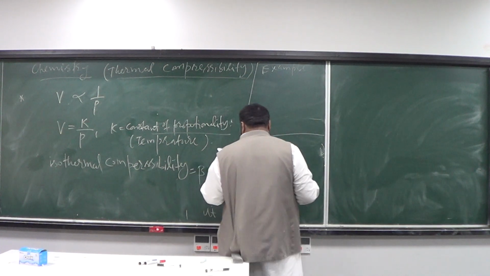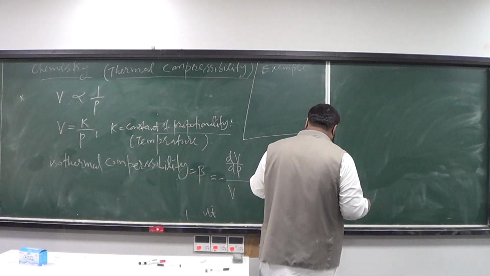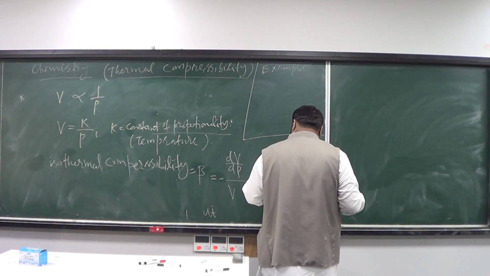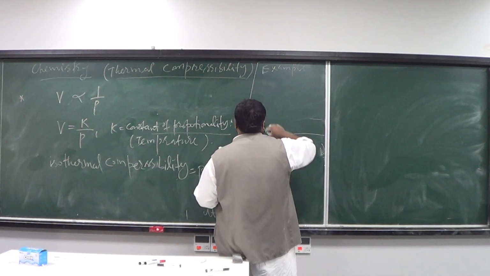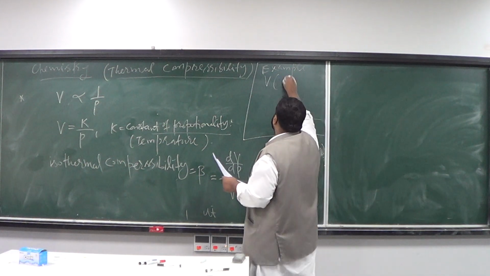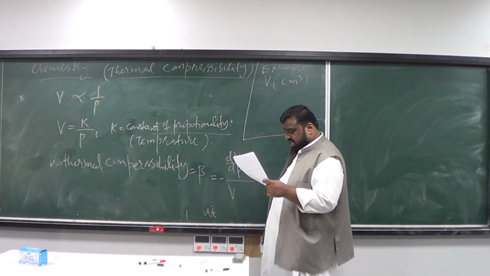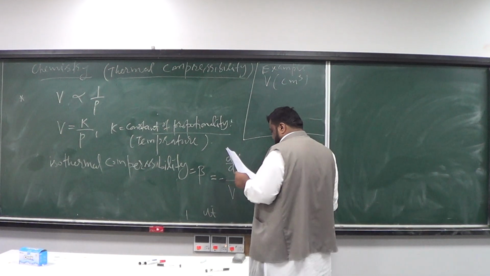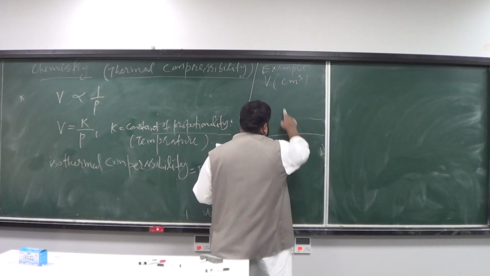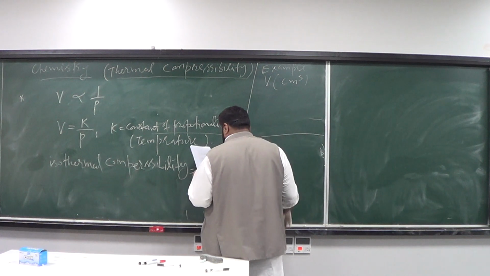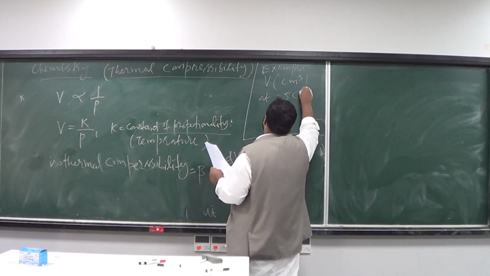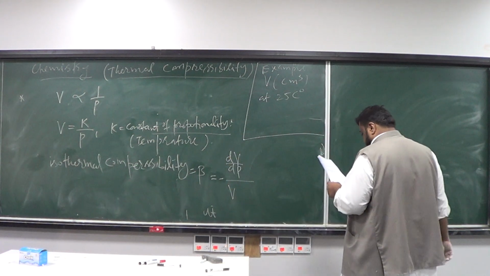So imagine you have a volume V in cubic meters, and say the temperature. So you have a volume of air, at say 25 centigrade.